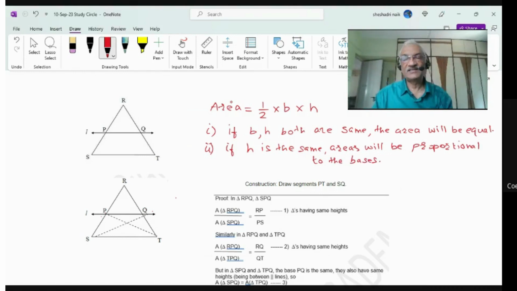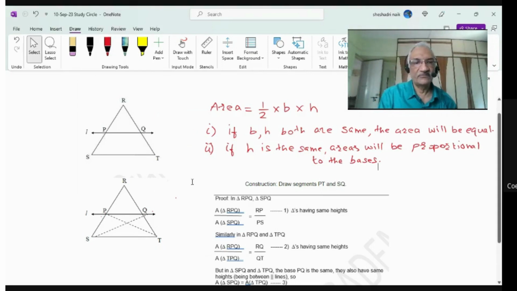These are very simple statements which are based on the formula of the area. These are the ones which we're going to use. So let's get started with these particular rules being very clear.